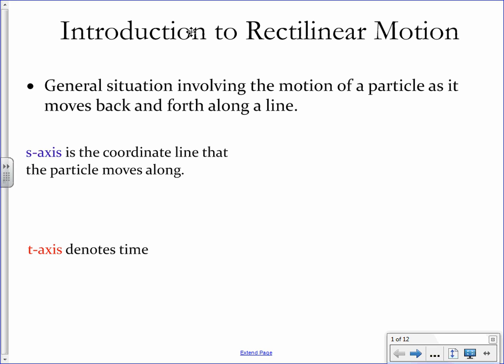So what's happening is we're going to have some situations where a particle is moving back and forth along a line, hence the linear motion. We are going to graph these on position versus time graphs.